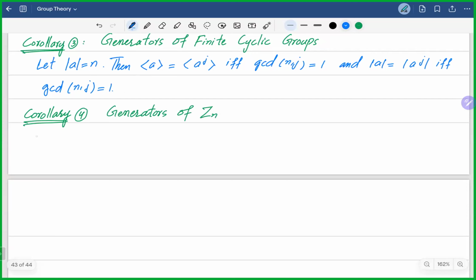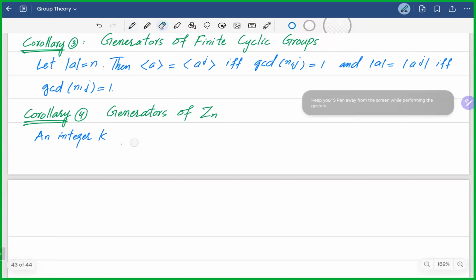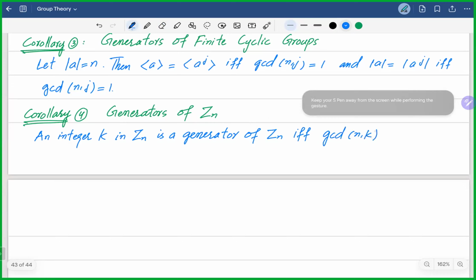The statement is: an integer k in Zn is a generator of Zn if and only if the GCD of n and k is 1.